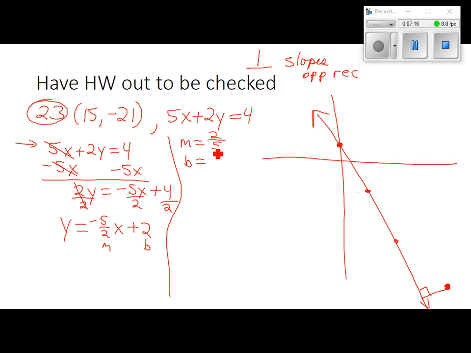The way we find the b, we use y = mx + b. We want it to go through the point. We know the point. We want it to go through that point and have a slope of that. So in place of y, we're going to stick in the y coordinate right here. In place of x, we're going to stick in the x coordinate.